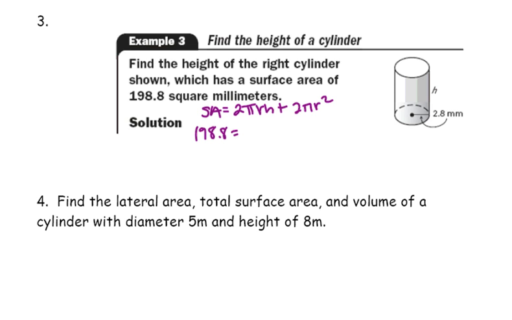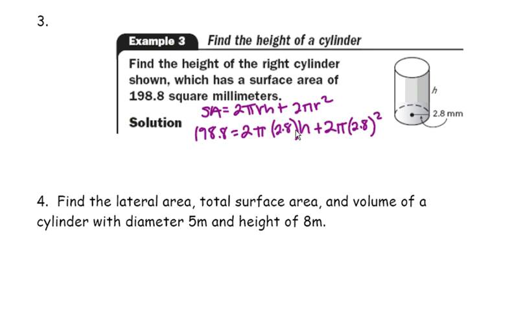So 198.8 equals 2 times pi times my radius 2.8 times my height plus 2 times pi times my 2.8 squared. Now, since our answer does not have pi in it, we're going to use the pi button on our calculator, and we're going to solve for h.